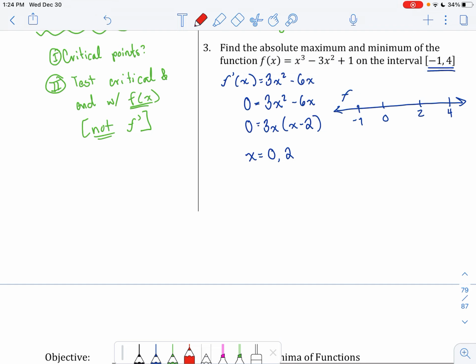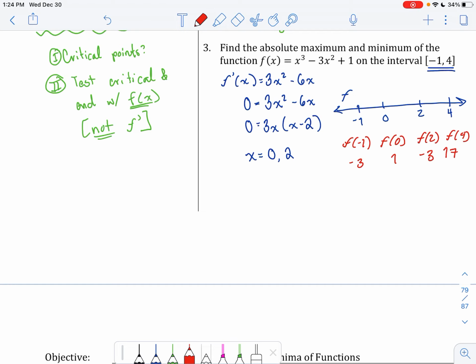We're just going to plug in these values into f and figure out what they are. So f of -1, f of 0, f of 2, and f of 4. Using my calculator, f of -1 is -3. F of 0 is 1, then -3, and 17.